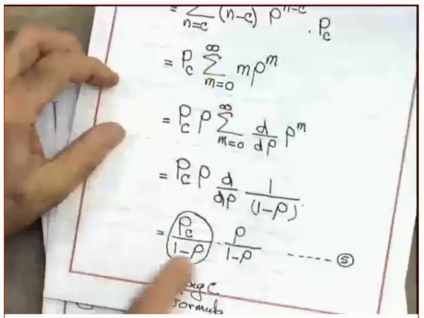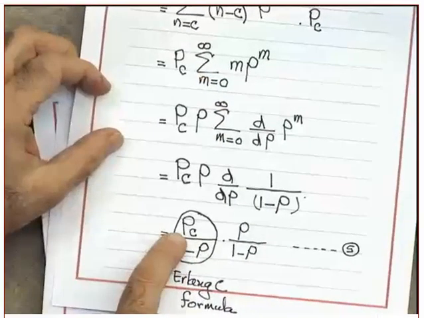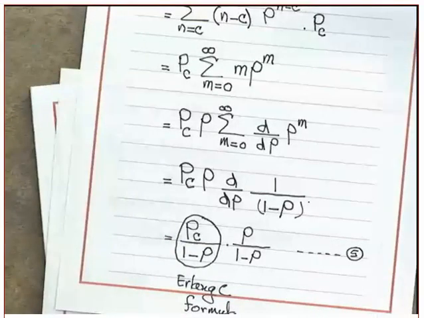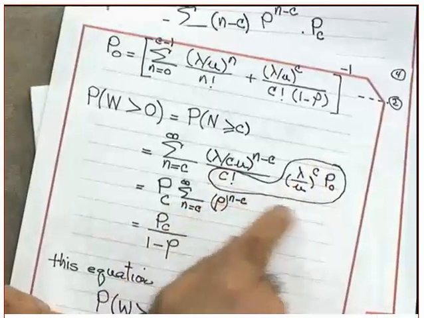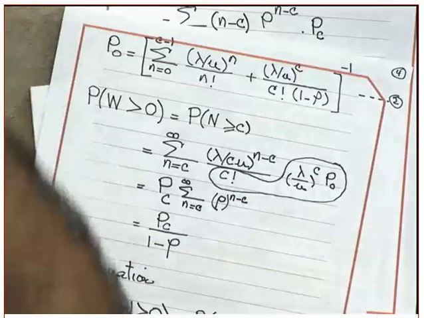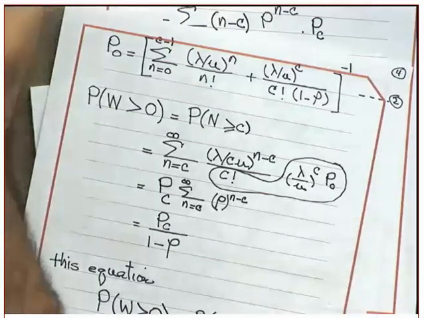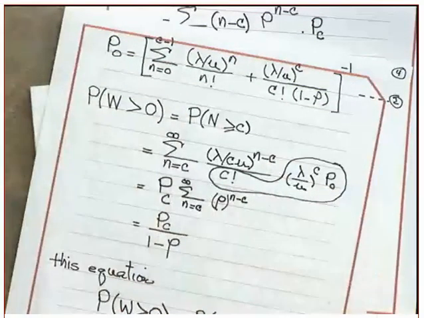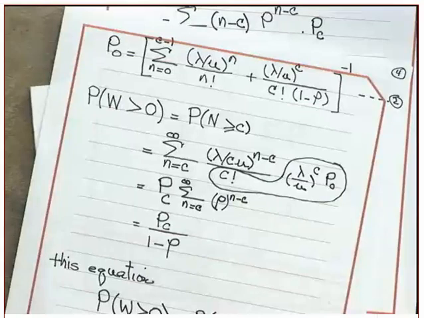E of NW depends on P of C. Do you agree? P of C, where in the world is P of C? 1 second. P of C depends on P of 0. You follow me or not? So what is the first thing that I need to find? I need to find P of 0 before you do anything. Do you understand? Because all the equations are in terms of P0. Clear?